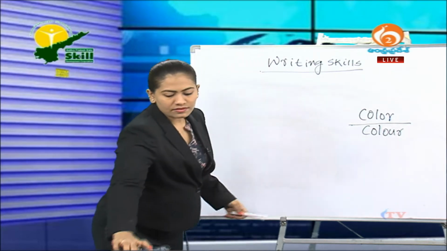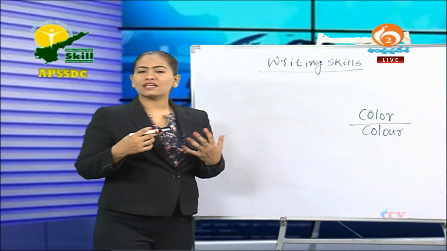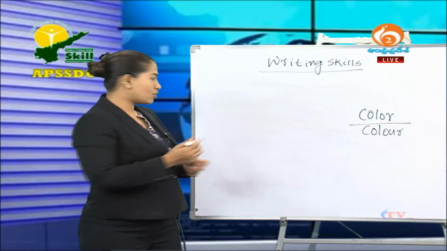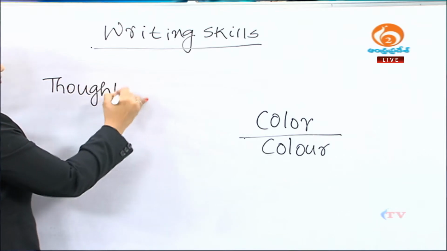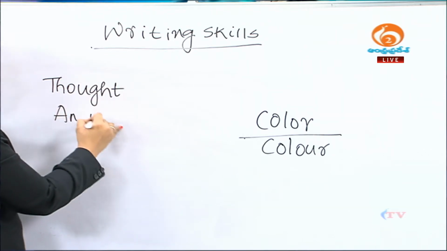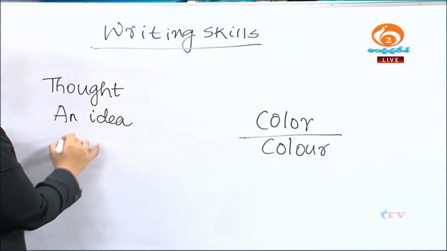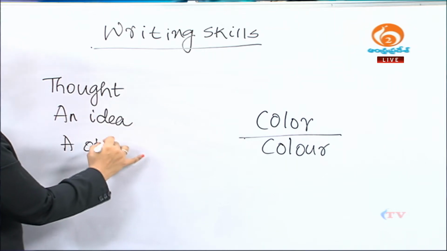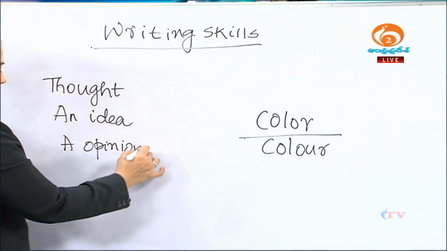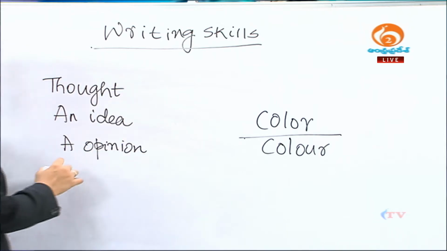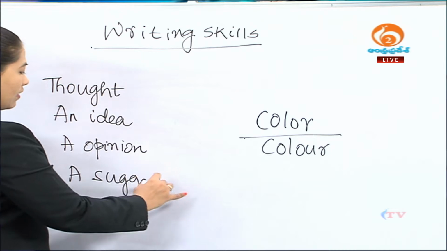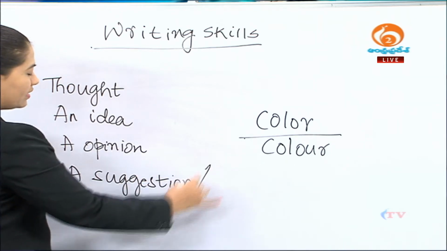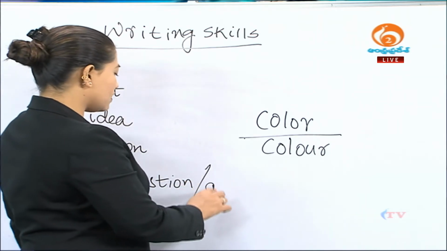So writing, what are we doing with writing? Writing aims to capture a thought, an idea, an opinion, maybe a suggestion, or advice that you have received as a writer.